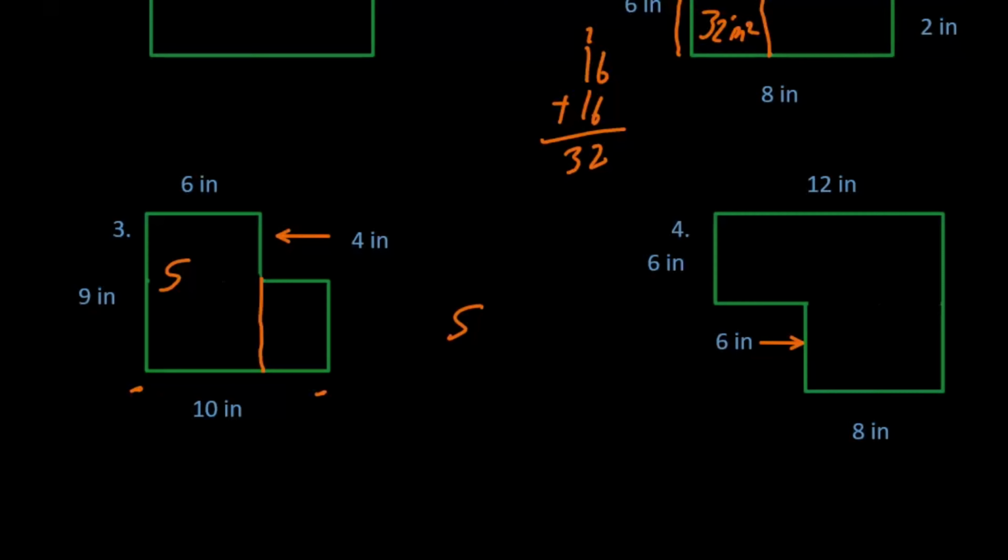Let's write it here, it will be easier. Then we can erase the inches. Now we have to figure out this spot right here. First of all, we have to figure out the length.